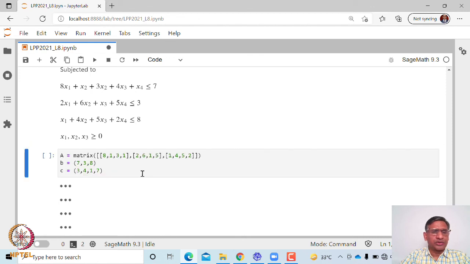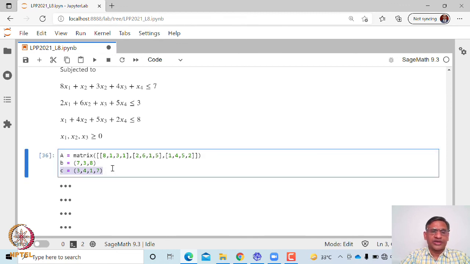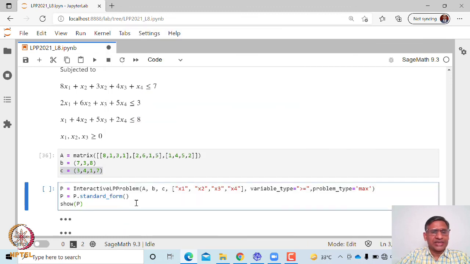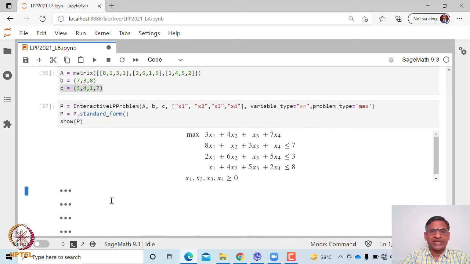Again, we will define the matrix A, the right hand side B, and the coefficients of the objective function in C. Then we create the problem using the interactive LP problem by giving A, B, C, naming the variables x1, x2, x3, x4. All the variable types are non-negative. The problem is of maximization type.